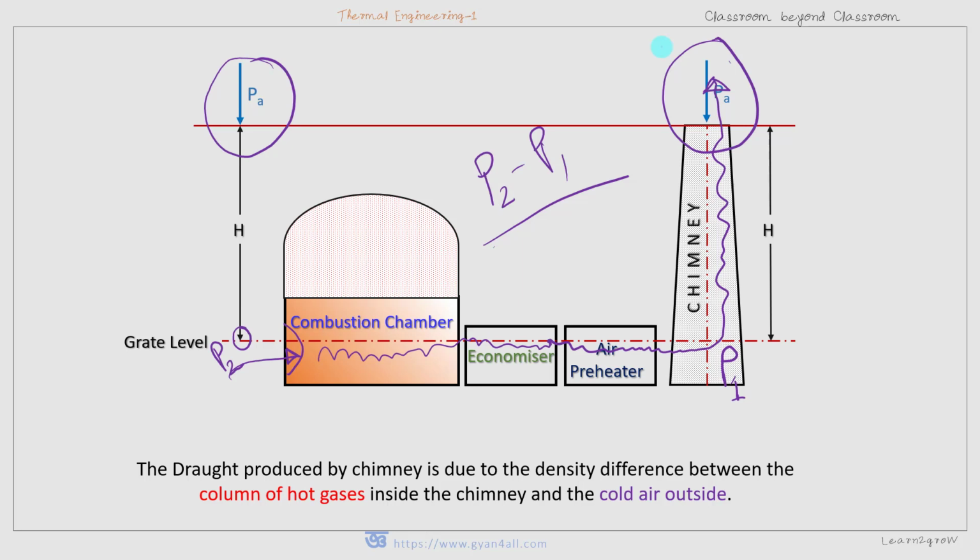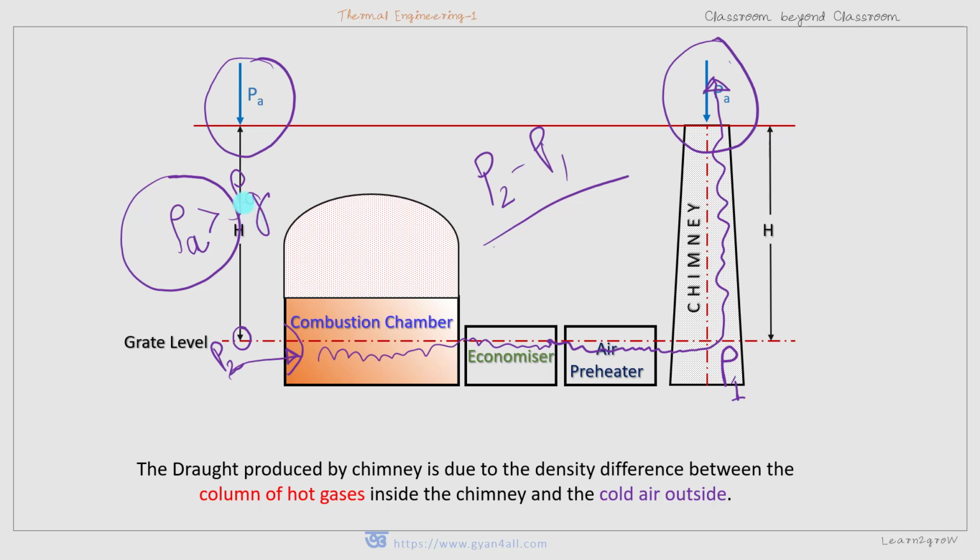But up to the chimney height, the content of the chimney is hot gas whose density is less than the density of ambient atmospheric air, and the column outside the chimney is air, whose density is more than the density of the gas inside.